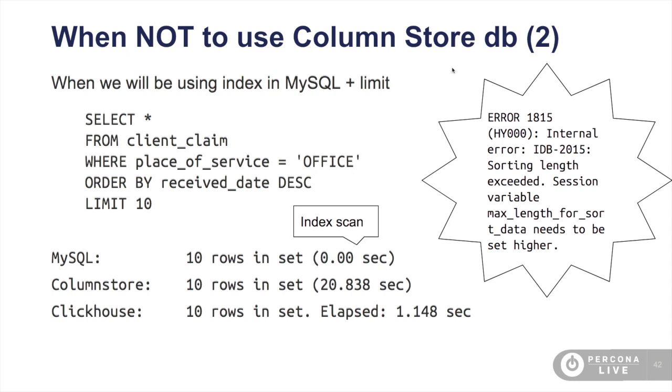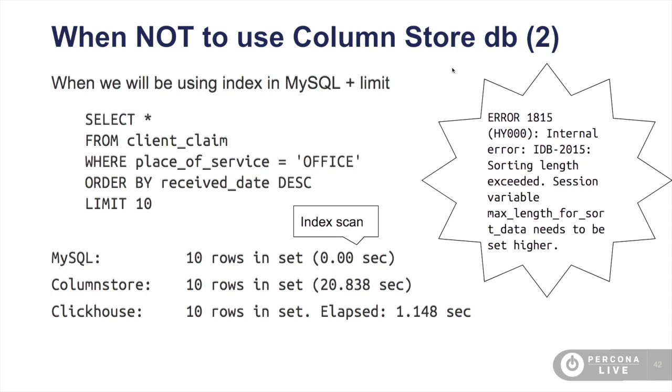This is the example where MySQL will be significantly faster than a ColumnStore database. This is a pretty frequent query. We want to see the latest claims for the specific type. So I want to retrieve the recent claim data for the office visit.